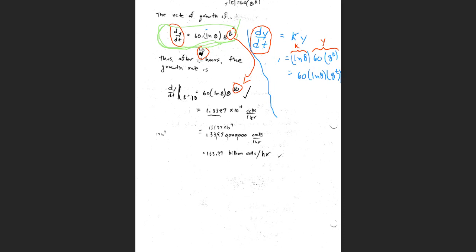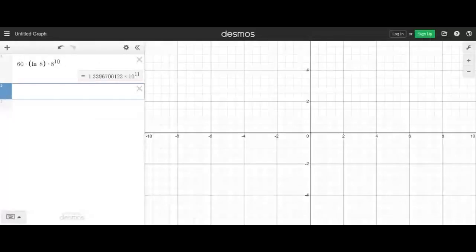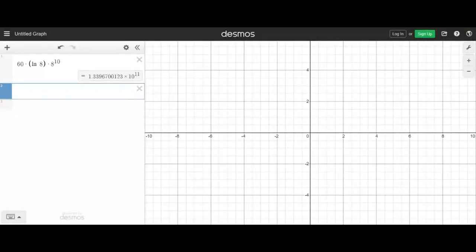So that's pretty good. That's pretty nice. Desmos writes it in a beautiful scientific notation there. I think mine's okay. 60 times the natural log of 8 times 8 to the 10th is approximately 1.3397 times 10 to the 11th power.